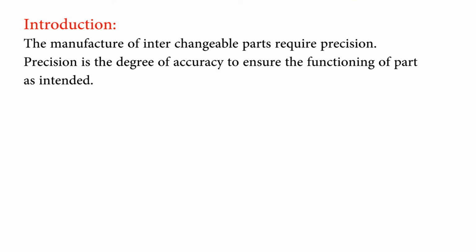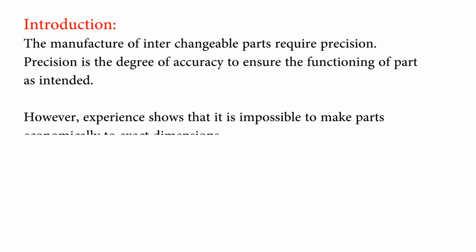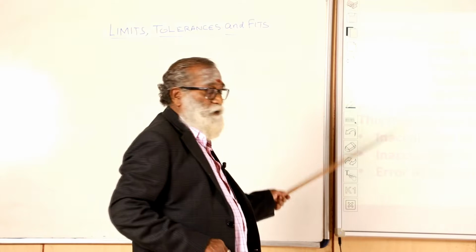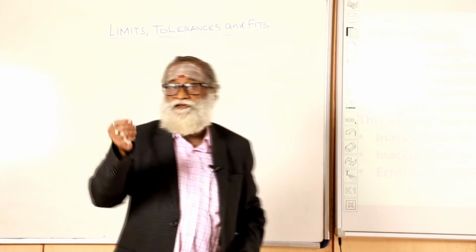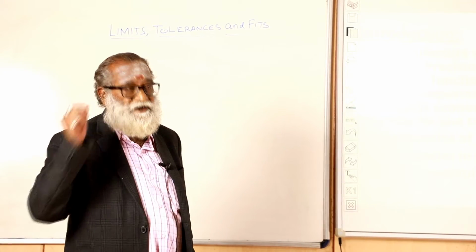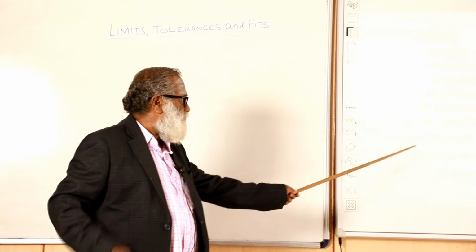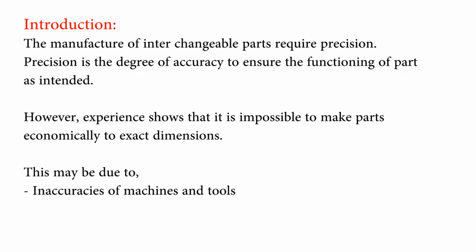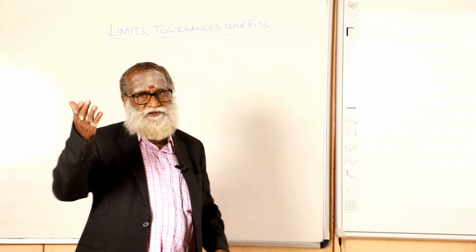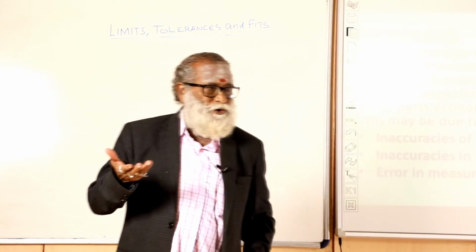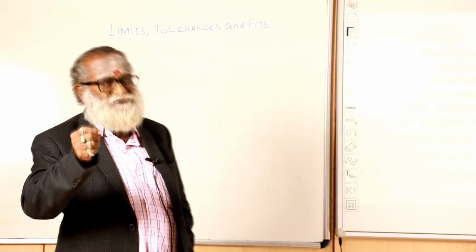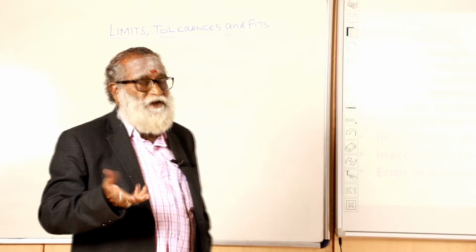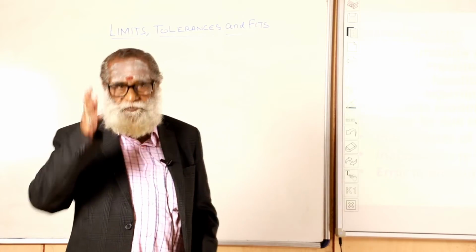However, experience shows that it is impossible to make parts economically to the exact dimension. Why can we not make them to the exact dimension? The reason is the inaccuracies of machines and tools. The machines might have been purchased some decades ago, so we cannot expect so much accuracy from the machine or tool. It may be blunt or the angle may not be correct.